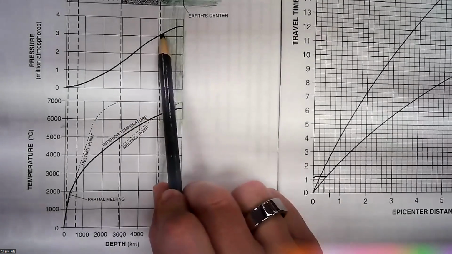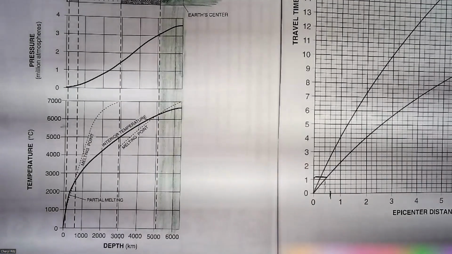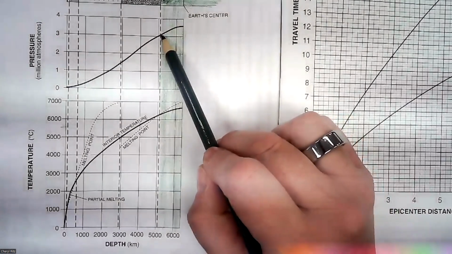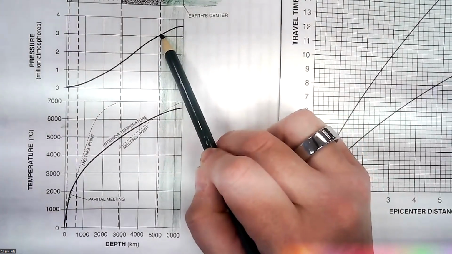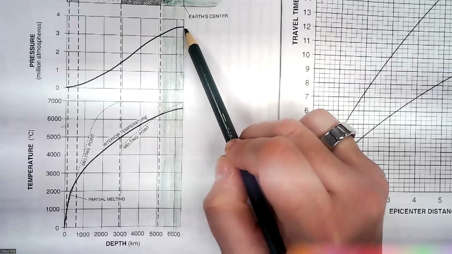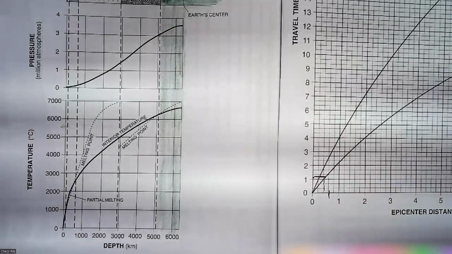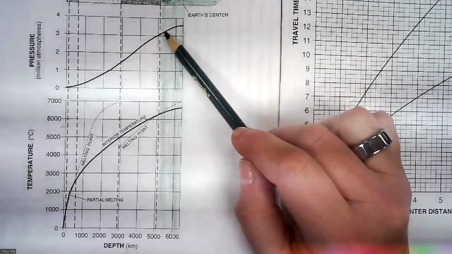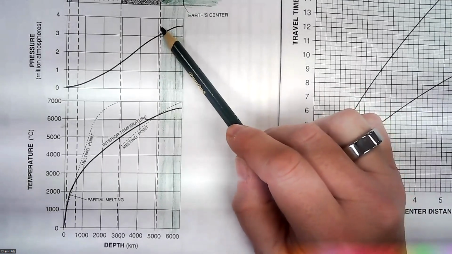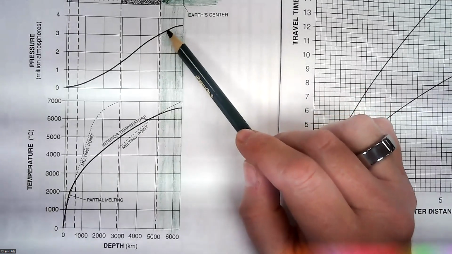At the top of the inner core, not the deepest section, it's maybe 3.1, and down here maybe 3.6 million times as much pressure as we experience here. So when we say a lot, we mean a lot of pressure at this Earth center. Not quite as much at the top of the inner core, but still way more than we can handle.